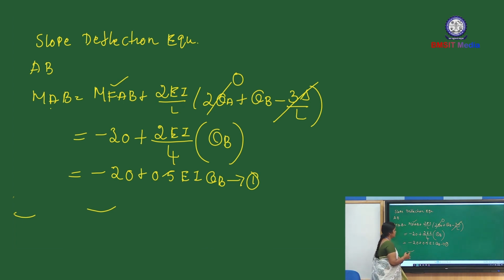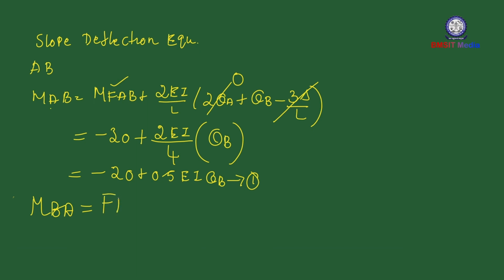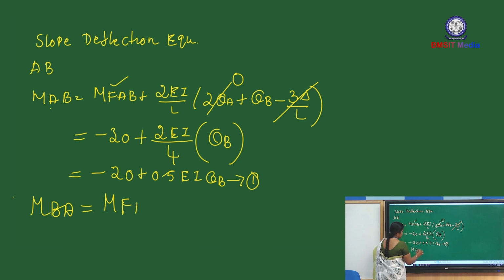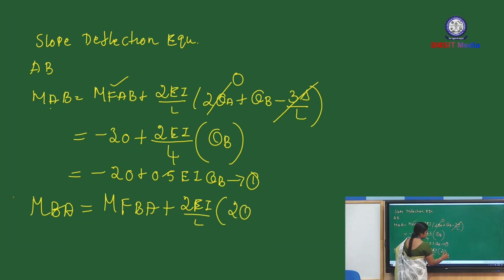Similarly, we have to write down the slope deflection equation for the span AB, but the other end, that is MBA. So M of BA, I will write the equation: MFBA plus 2 EI by L, 2 theta B plus theta A. We don't want delta because it is not given in the problem.